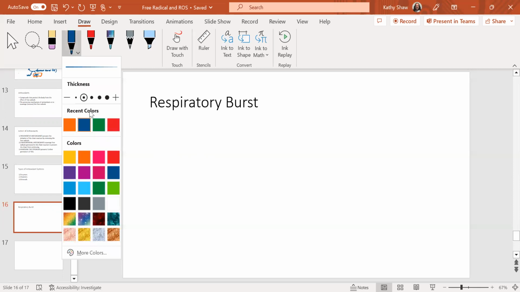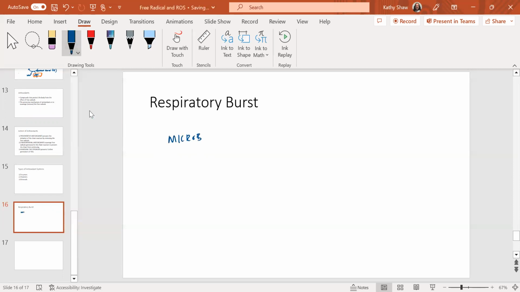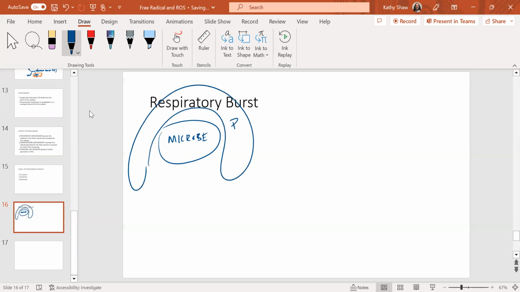So what we're going to do is we have the microbe. There's something less than 5 microns, but whatever it is that we're trying to get rid of. We'll take the cell that's still in the phagocytosis, we'll engulf it. He'll talk about this in physiology. So this is one of the places that biochem and physiology kind of overlap.